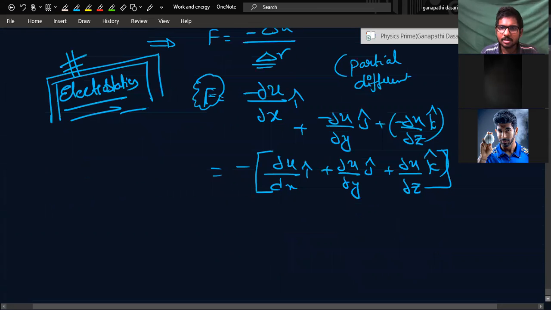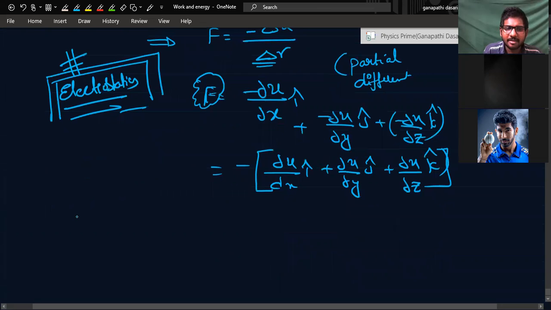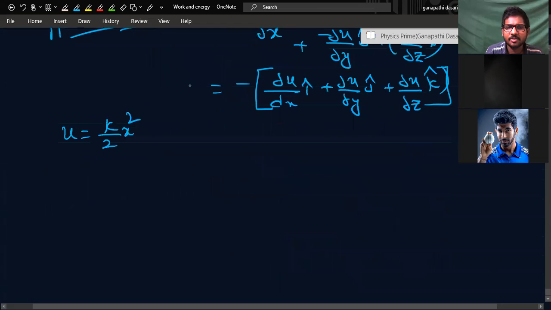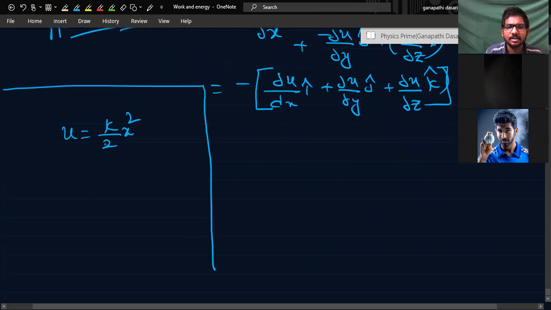Similarly, we have studied that the potential energy in a spring extended by x is k by 2 x square. This we have derived, right? Now dU by dx, if we differentiate with respect to x, is 2kx by 2.